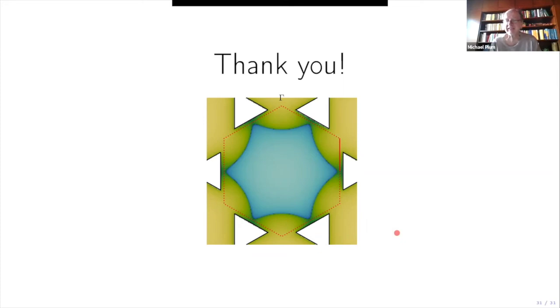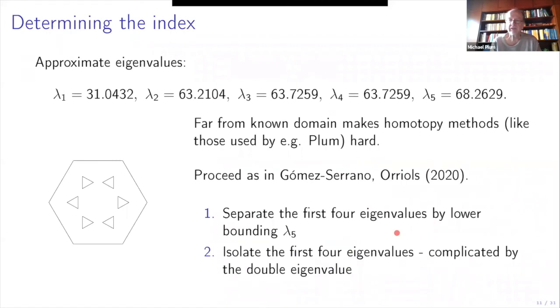This domain looks a little bit far from any domain with known eigenvalues, but at the first step you could get a homotopy from a surrounding rectangle to this hexagon, without the holes in it first. By that you can get rather easy enclosures for the hexagon, and then you just pop up these little holes in the middle.